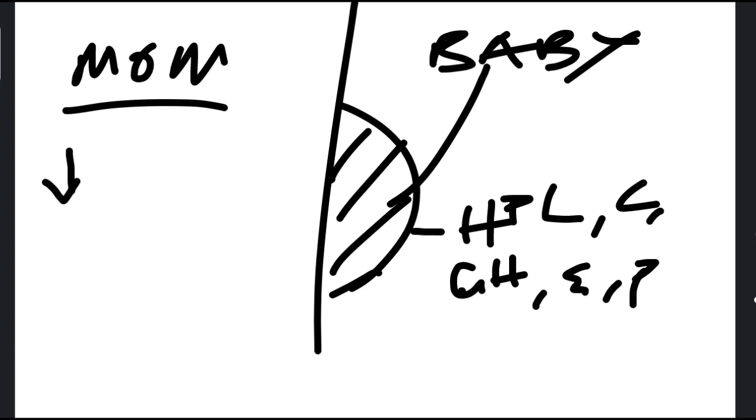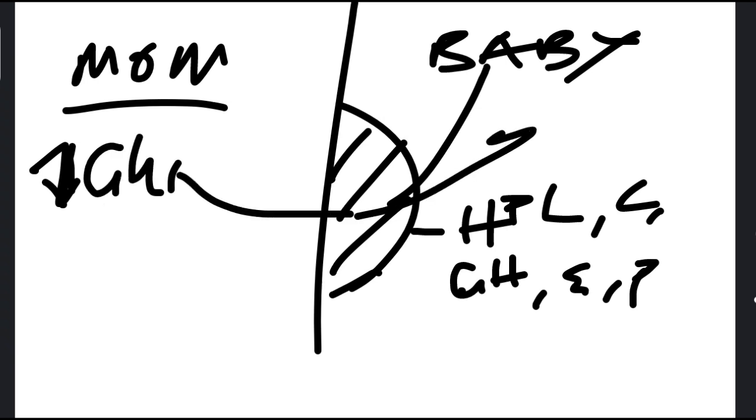This means that there will be high levels of glucose in the mother's blood, which ultimately will cross the placenta and go to the baby. Now, high levels of glucose will lead to high levels of insulin in the baby, which we've said is anabolic, which ultimately will lead to the baby increasing in size, which was macrosomia.